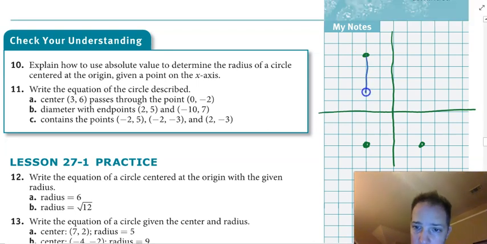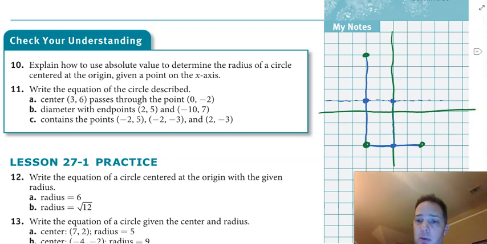This whole distance right here is 8, halfway is 4, and because this is a vertical line, they did this to get some easy ones here. Same thing, this is 4 units across here, halfway in the middle is 2. Perpendicular is a vertical line, so the center of the circle is going to be at 0, 1. From here, you can figure out the radius.